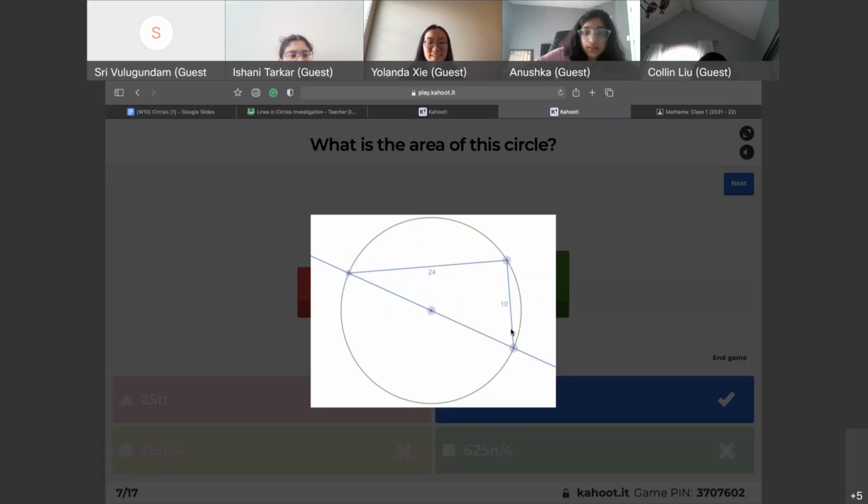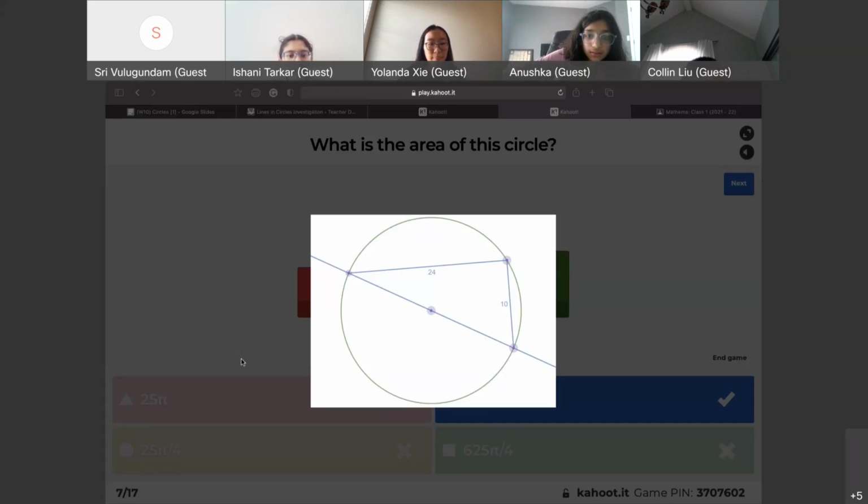Yeah. So basically, what you were supposed to do is find 24 and 10. We know this has to be a right triangle because these two points, this whole line, is the diameter, right? So you should have used the Pythagorean theorem, and you would have gotten 26 for the entire diameter.